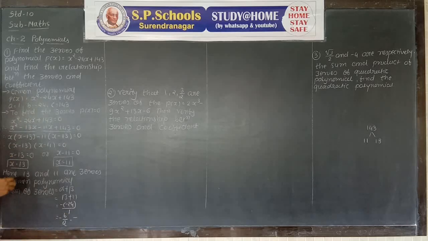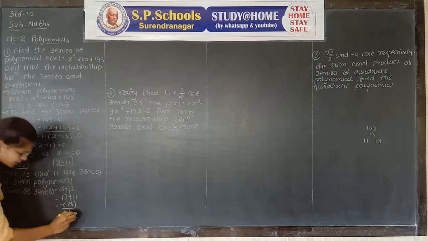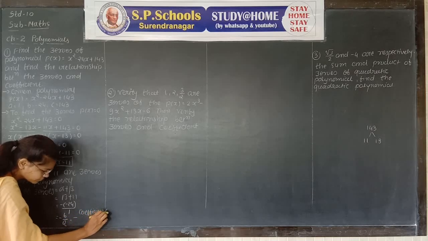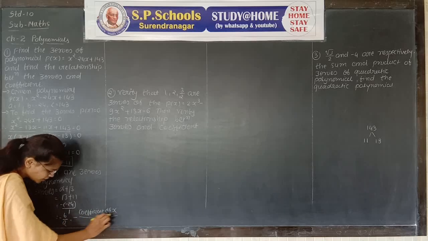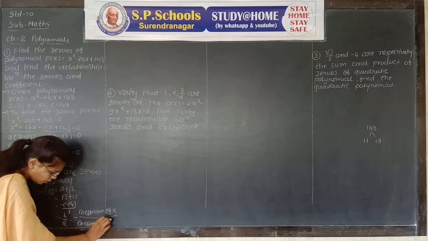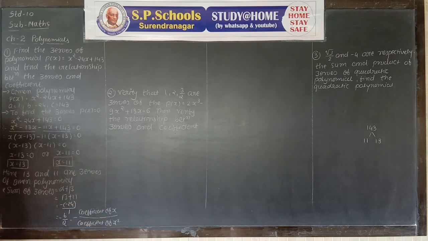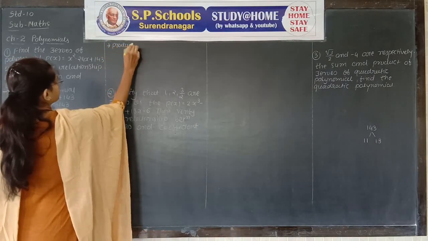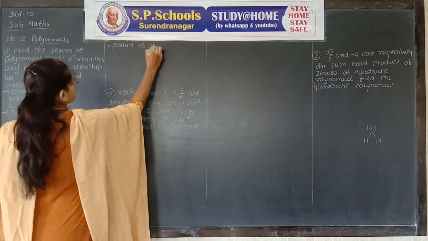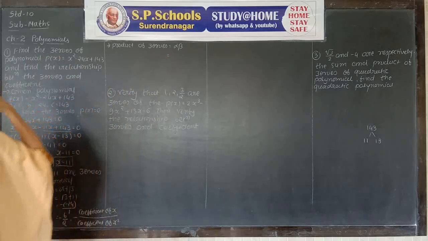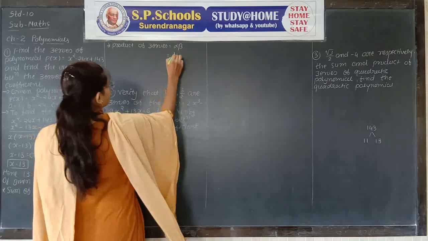Minus b upon a, where b is the coefficient of x and a is the coefficient of x square. Here the first relationship is completed. Now the second is product of zeros, which is equal to alpha into beta, where alpha is 13 and beta is 11.